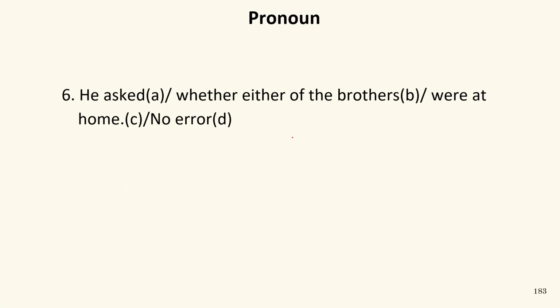He asked whether either of the brothers were at home. Now again we know well that whenever we have the word either and it is followed by the preposition of, it should be followed by a plural noun but a singular form of verb. Now look at the sentence, either of. Of is the preposition, then the brothers is a plural noun.